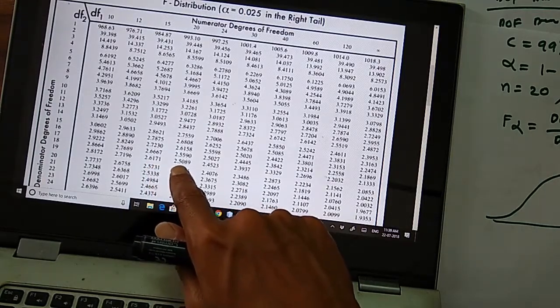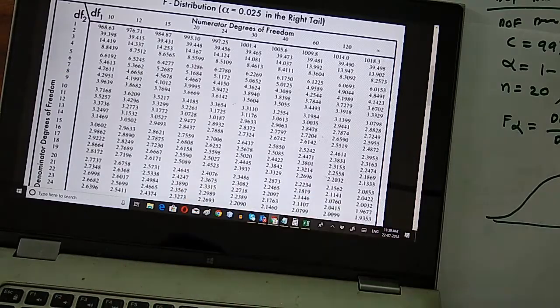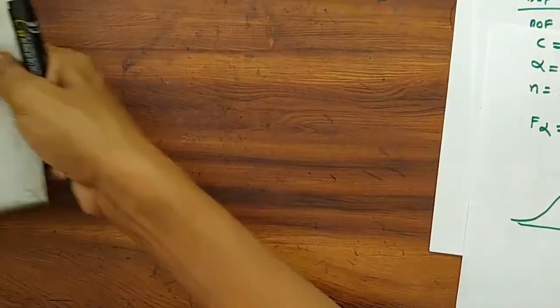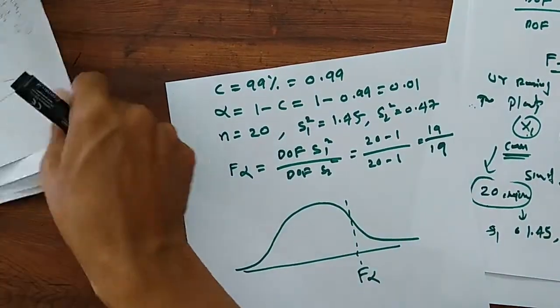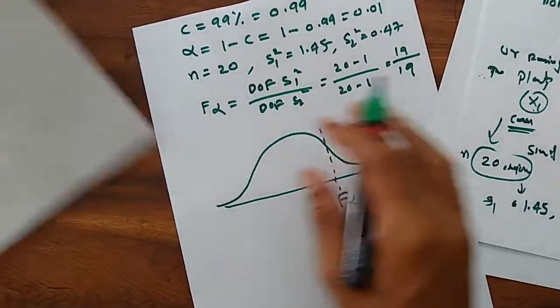2.6171 to 2.5089. This table you can get from Google or any statistics books.